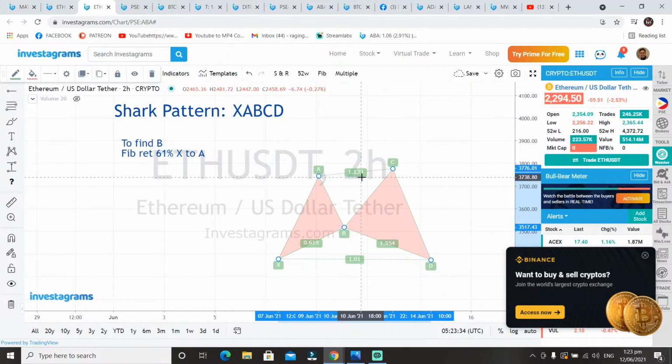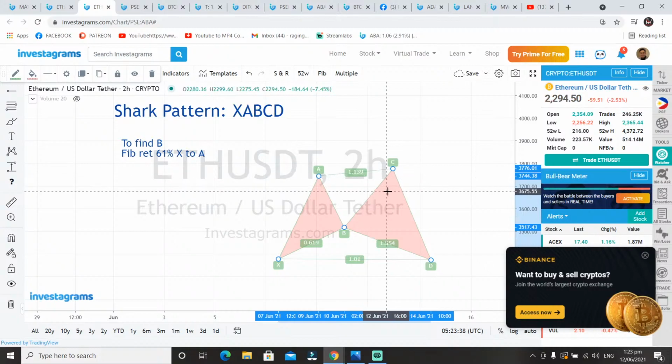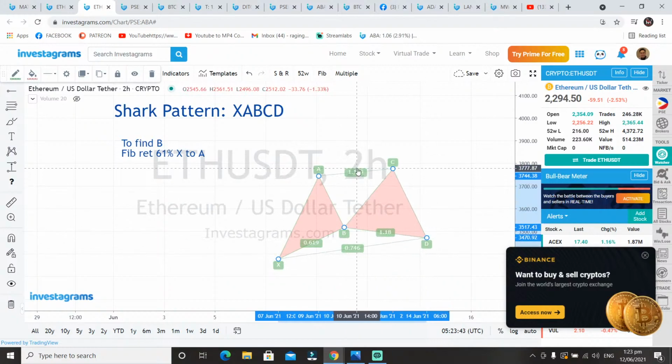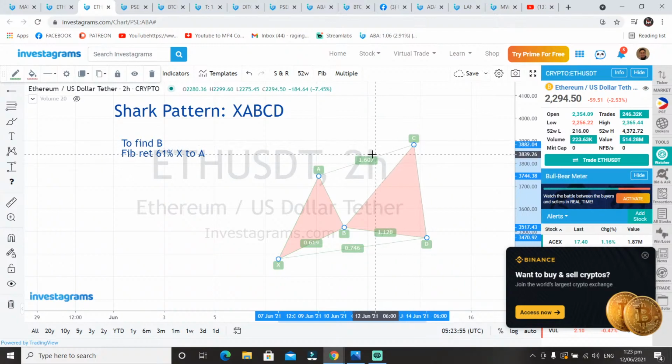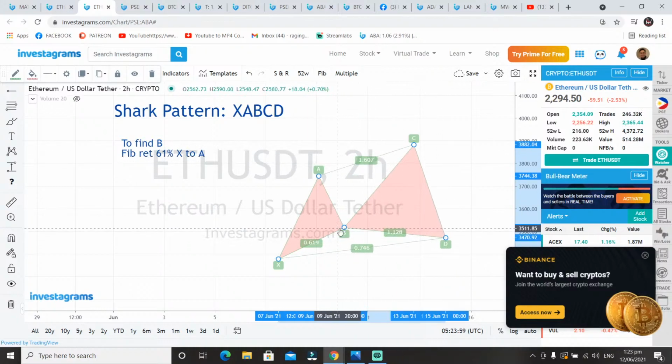In order for our pattern to be valid, it has to at least reach 113%, but not more than 161%. So if we increase this to 161, not more than, for example up to this level. Maybe we'll move this one to make it look better.